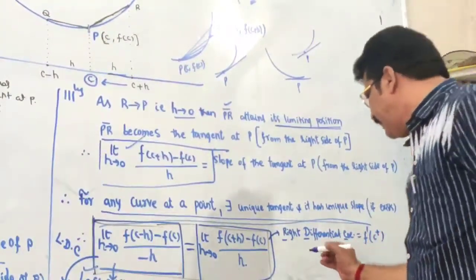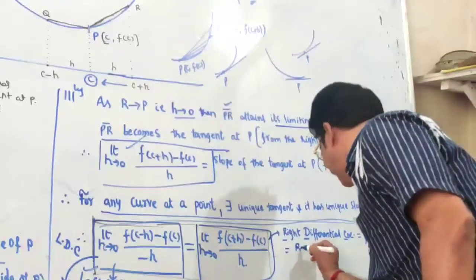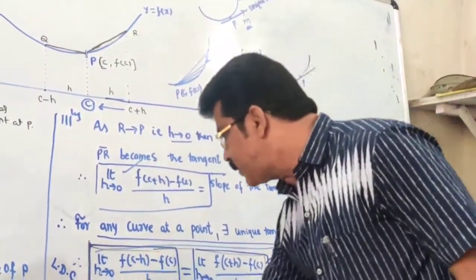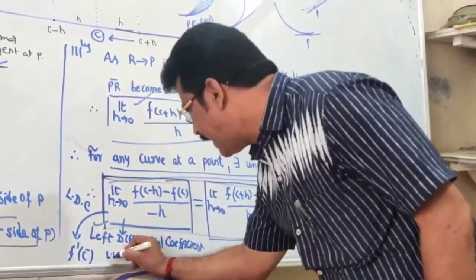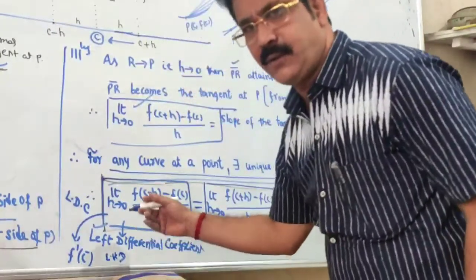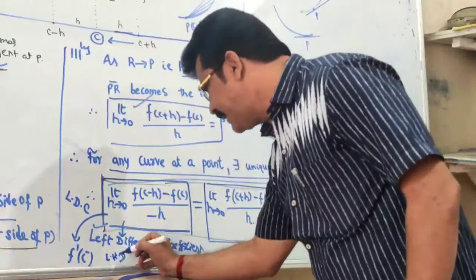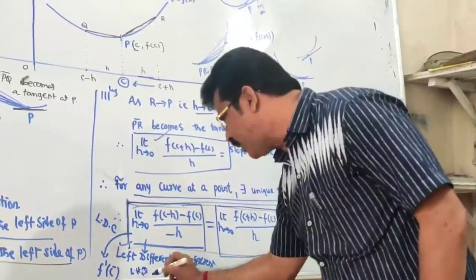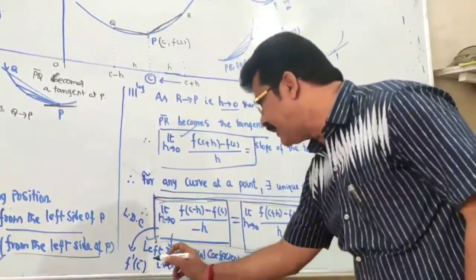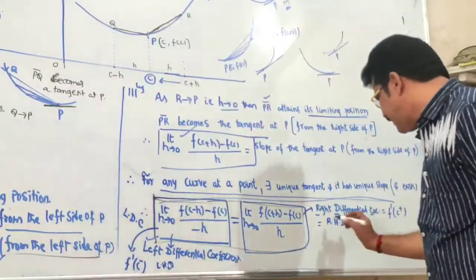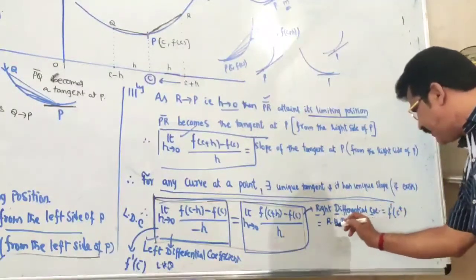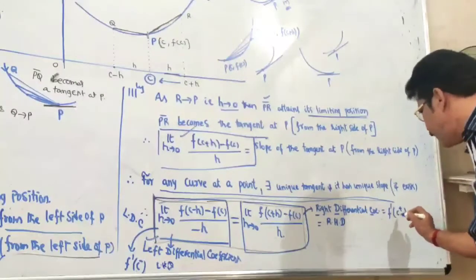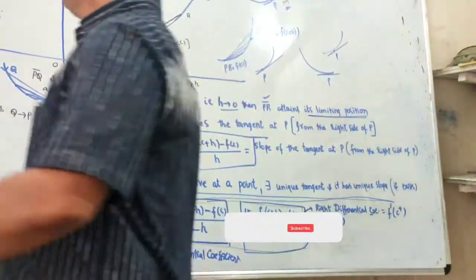In other words, it is called the right hand derivative or right hand differential coefficient. These are notations and meanings: LHD, left hand derivative or left differential coefficient, notation f dash of C minus; and RHD, right hand derivative or right differential coefficient, f dash of C plus. So therefore, you come here.